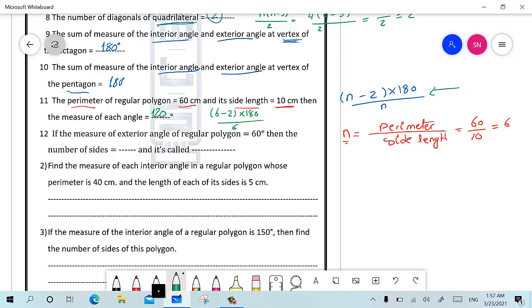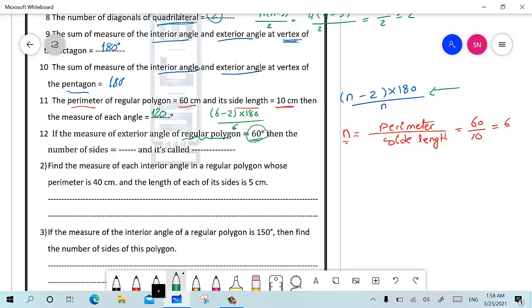In number 12, if the measure of the exterior angle of a regular polygon equals 60, so one exterior angle is equal to 60, and it's a regular polygon, this means that all interior angles are equal and all exterior angles are equal. Now I know that in a polygon the sum of exterior angles is equal to 360, and each one of them is 60.